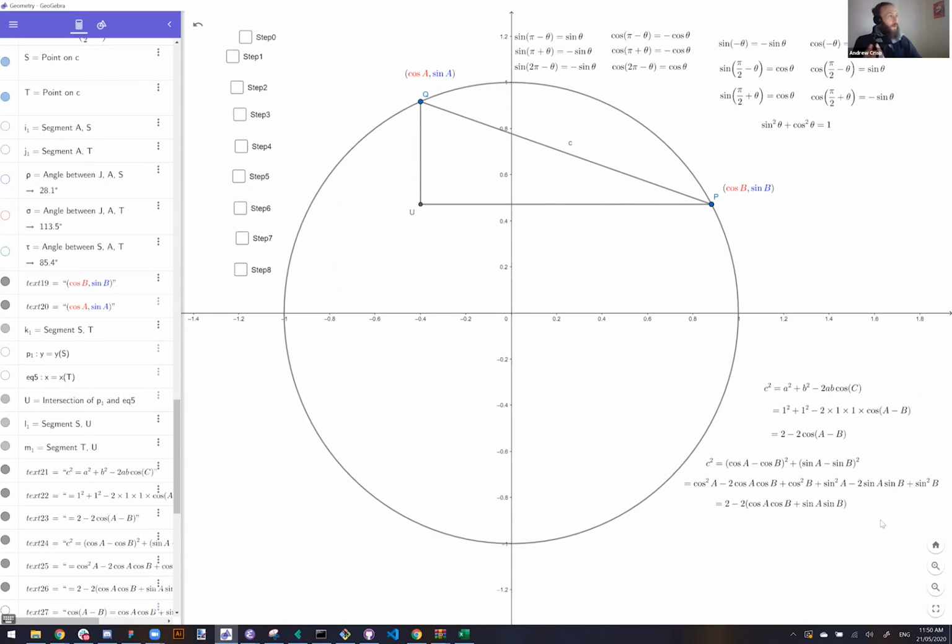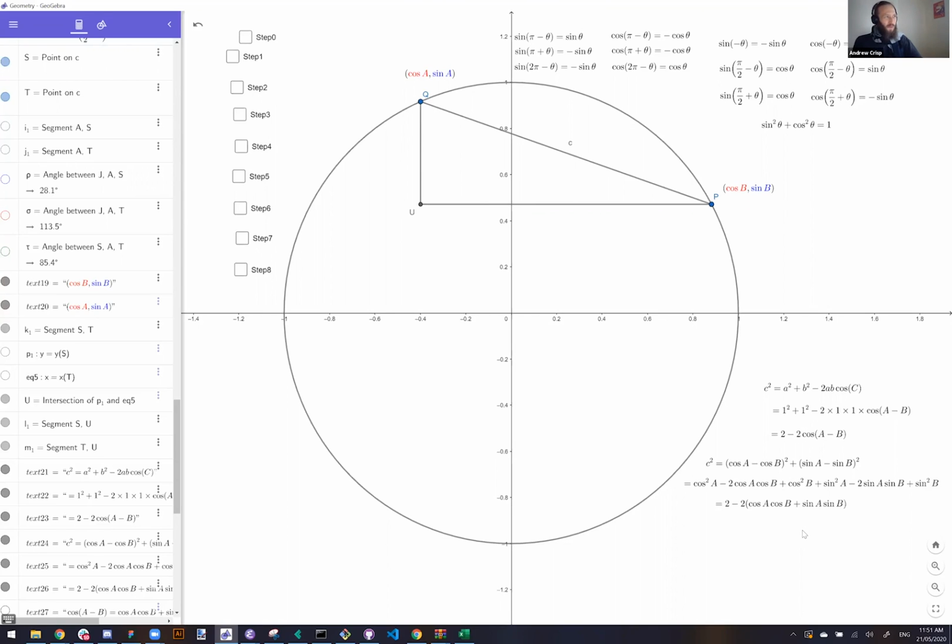Okay, I have now calculated C in 2 different ways, and I've gotten 2 different results. But they look pretty similar. This one says 2 minus 2 times something. This one says 2 minus 2 times some other thing. But they're both equal to C squared. 2 minus 2 times something, 2 minus 2 times another thing.